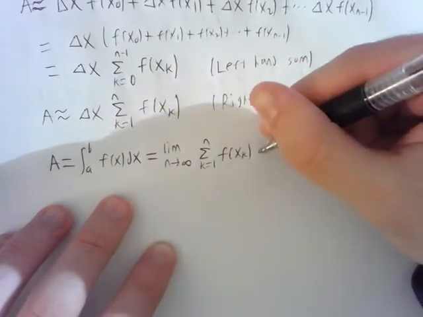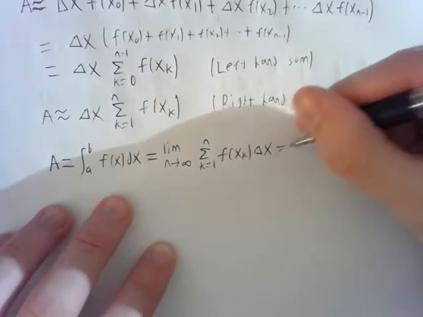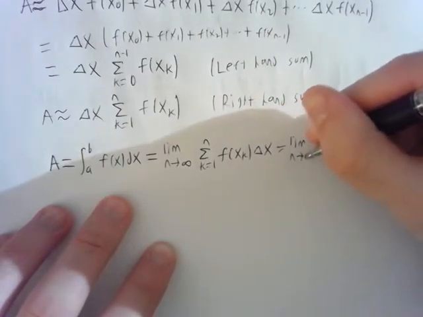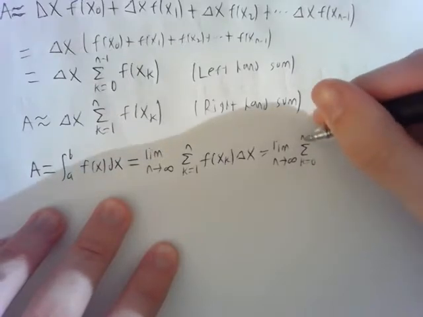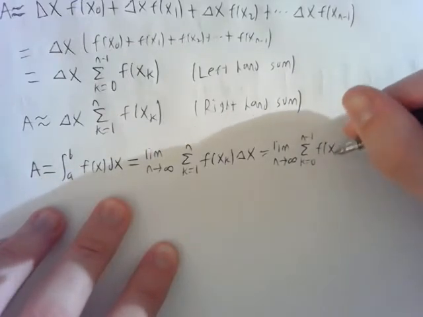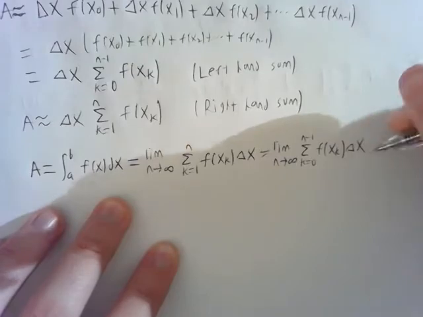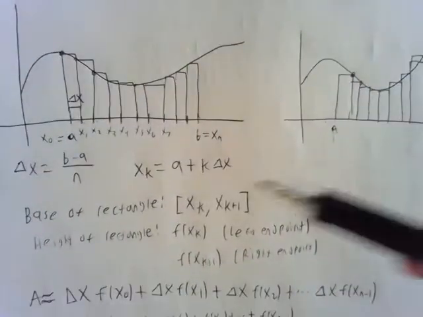And it doesn't matter if we use the left-hand sum or the right-hand sum. They will both give us the same limit in the end, because both of them are approximating the same area beneath this graph.